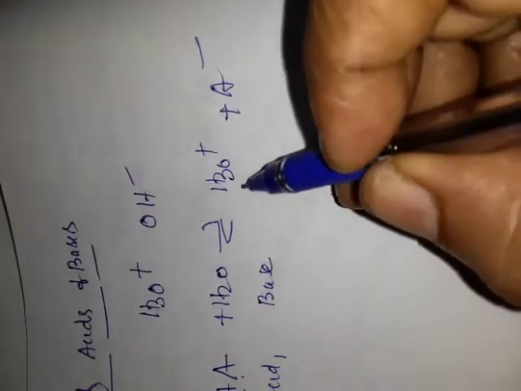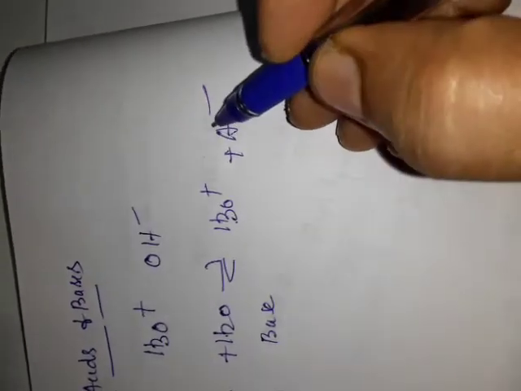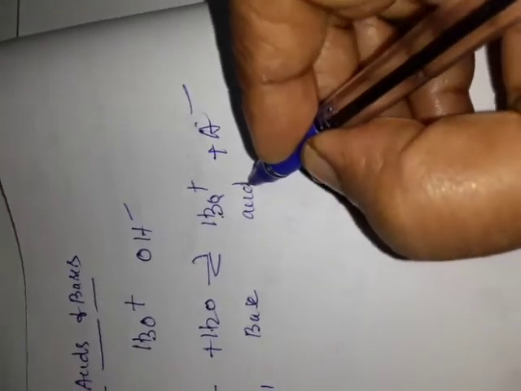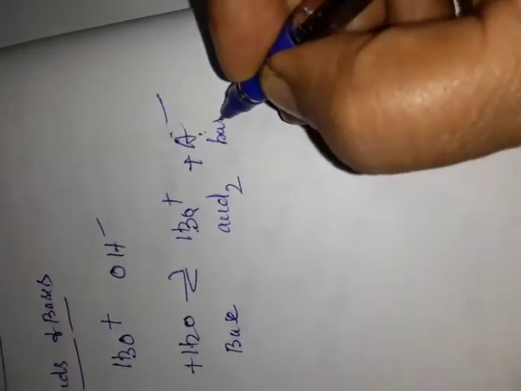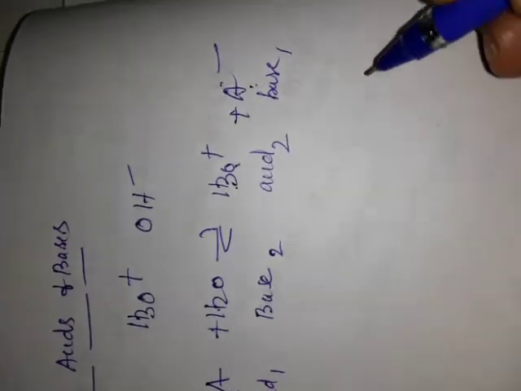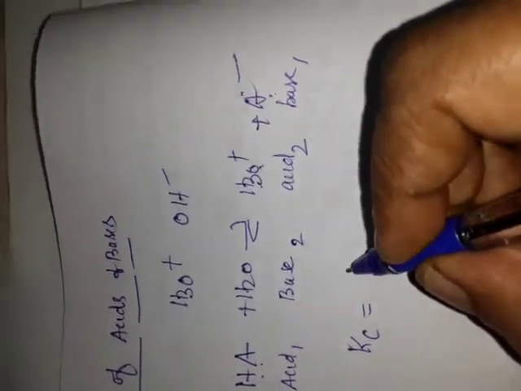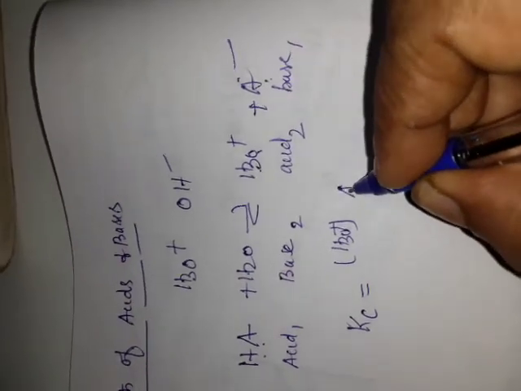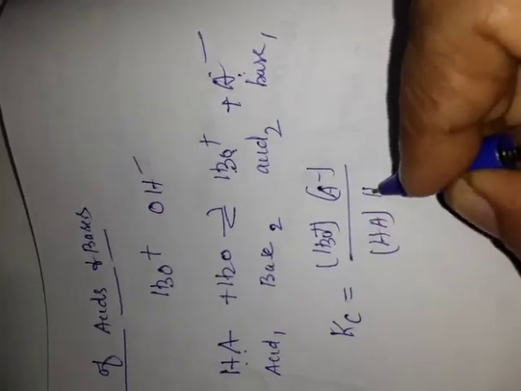Then in the reverse reaction, this H3O+ donates a proton, so it acts as a proton donor, an acid, and A- accepts it, so it acts as a base. Now the equilibrium constant for the above ionization process is given as the product of H3O+ concentration and A- concentration divided by HA concentration and H2O concentration.